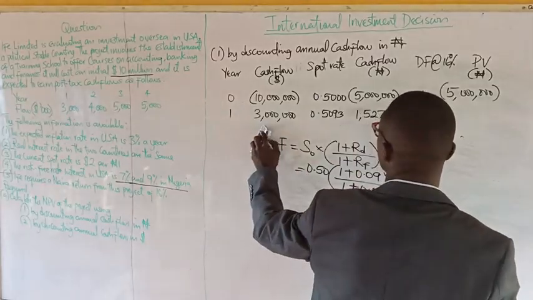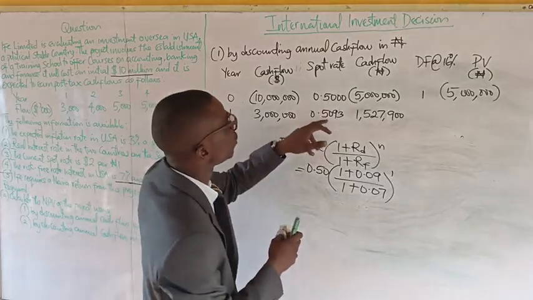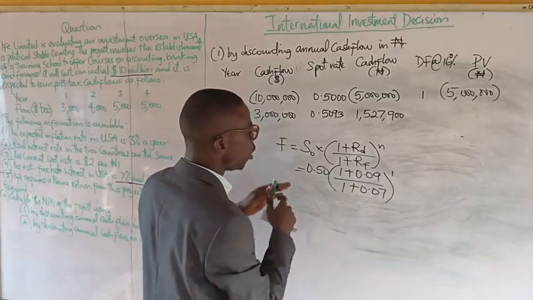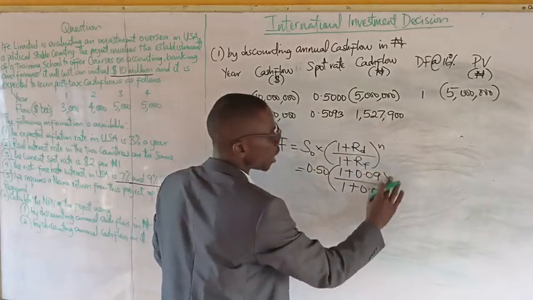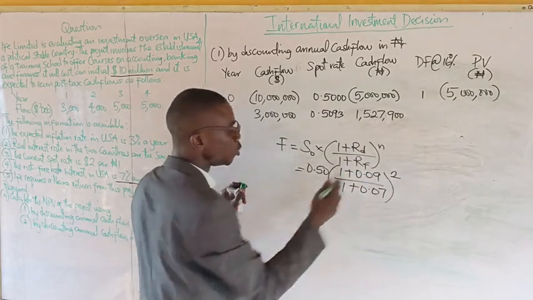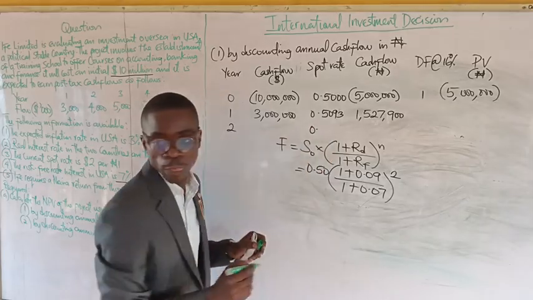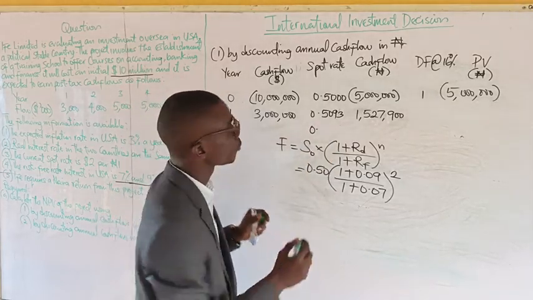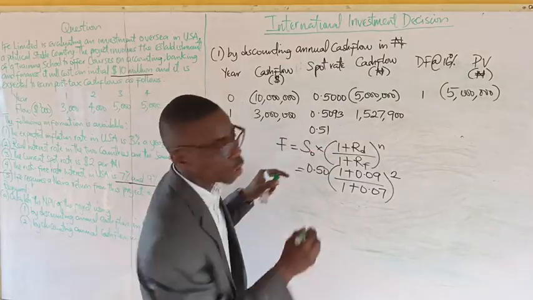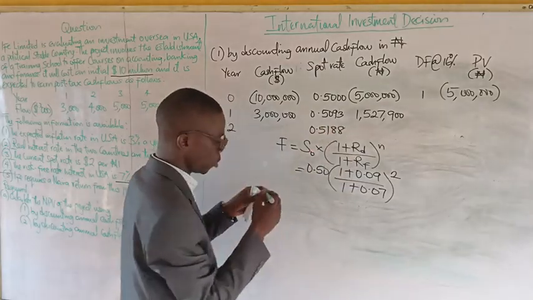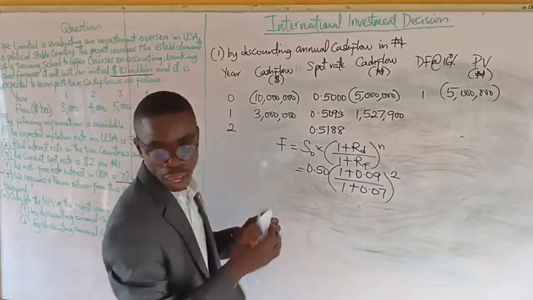Now, since we have calculated for that, let's calculate the spot rates so that it will be easy for us. What will be the spot rate for year 2? Just change it to 2. It is 0.5188.